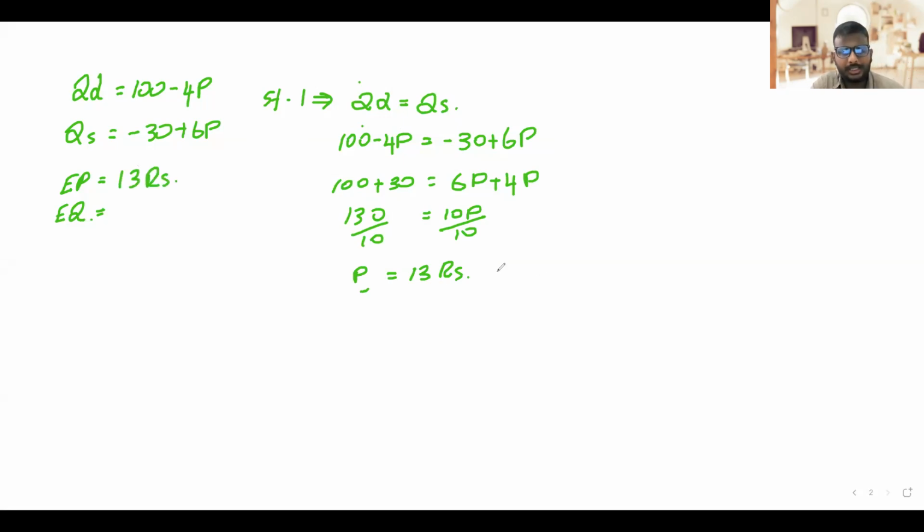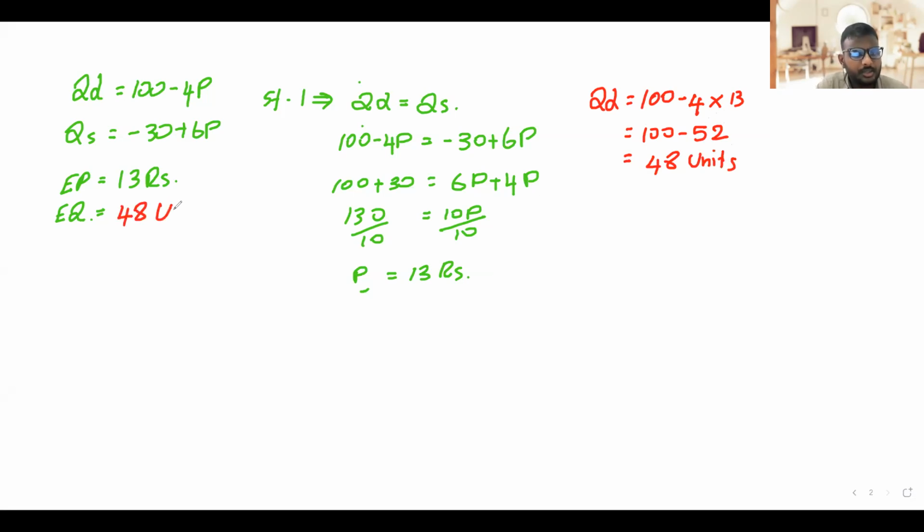Now what do you do? You take this equilibrium price and put it in the quantity demanded equation in the place of price and find out what is the quantity demanded at this equilibrium price of 13 rupees. 100 minus 4 into 13 is how much? 52. That means 48 units. 48 units is the equilibrium quantity. How did I know that it's the equilibrium quantity?